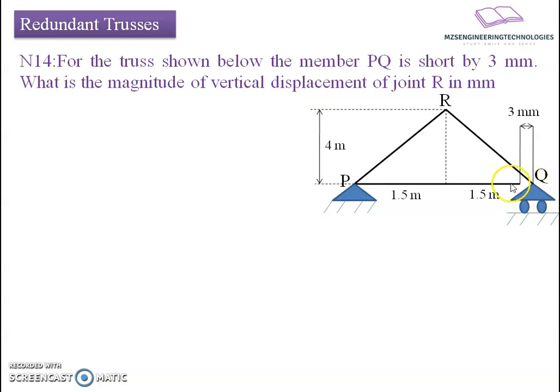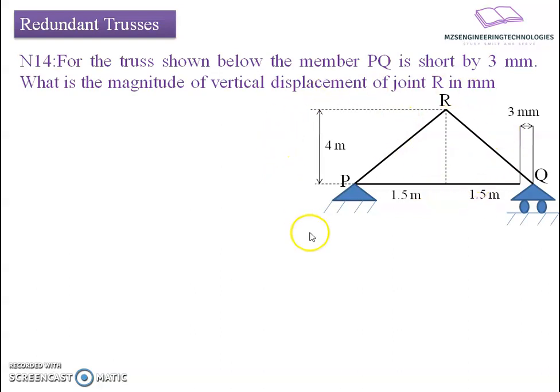It will have the translation deformation here. It will move slightly inside, and thereby there will be displacement in members PR and RQ. This displacement will be traced with reference to the position of joint R, whether it will move upward or downward, and thereby it will try to adjust the geometry.